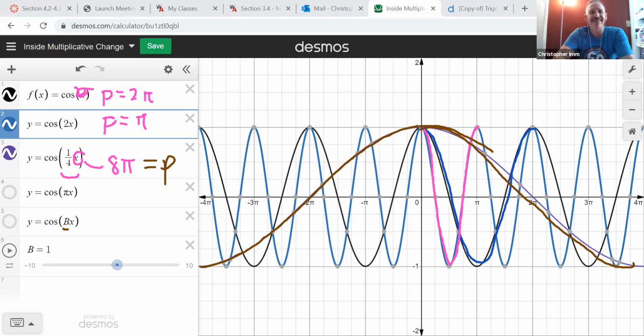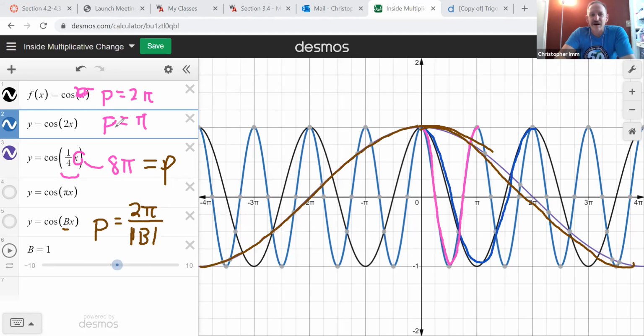Exactly. Great. So to get the period of a graph like y is equal to cosine bx or sine bx, it works the same way. You're going to take 2 pi, and when you said inverse, what I interpreted was that you were taking the reciprocal. You were dividing it by that b.